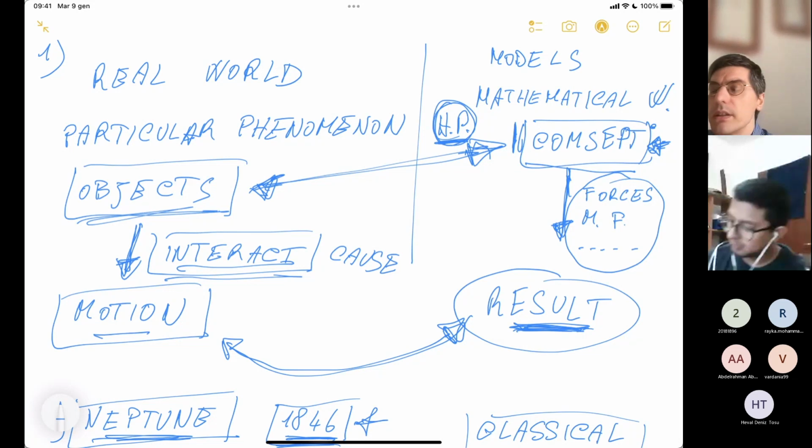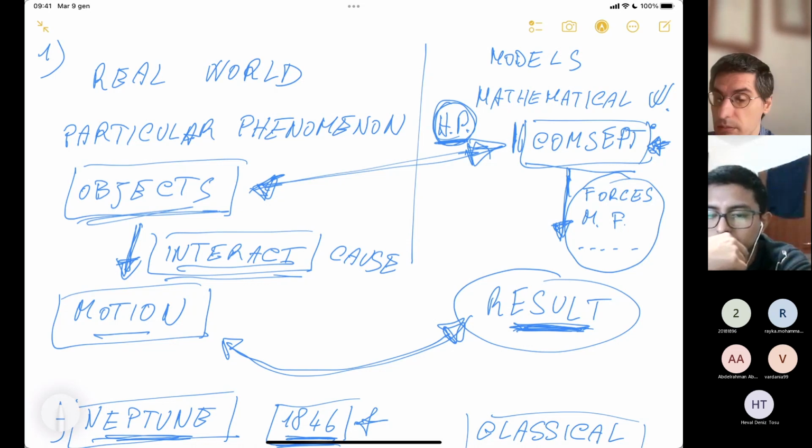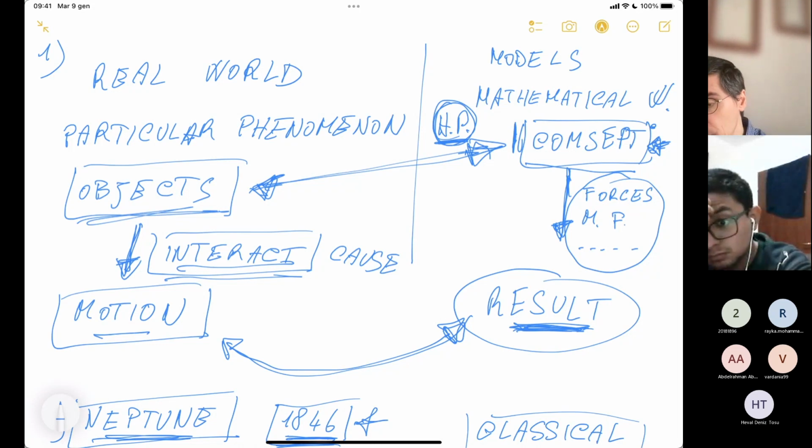So at this point, people have two choices to consider. One is that your model is wrong. So in some way, this means that the hypotheses that you consider to make your model are not satisfied.